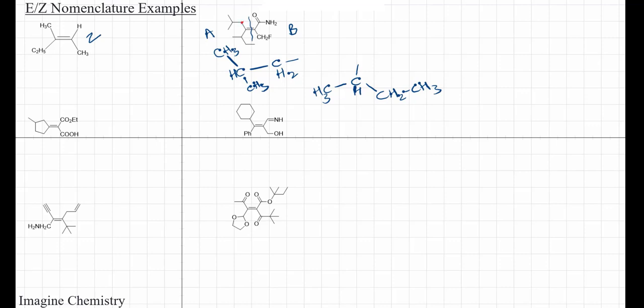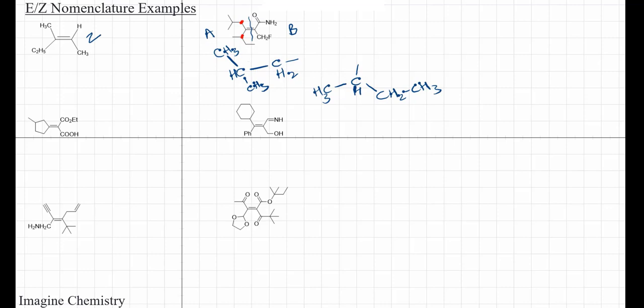So now try to look for the priority. The first point of attachment, the carbon, is the same. However, the group on the upper side has two hydrogens and one carbon attached to it. Whereas the group on the lower side has one hydrogen and two carbons attached to it, right? So I have written the structural forms of these two groups over here.